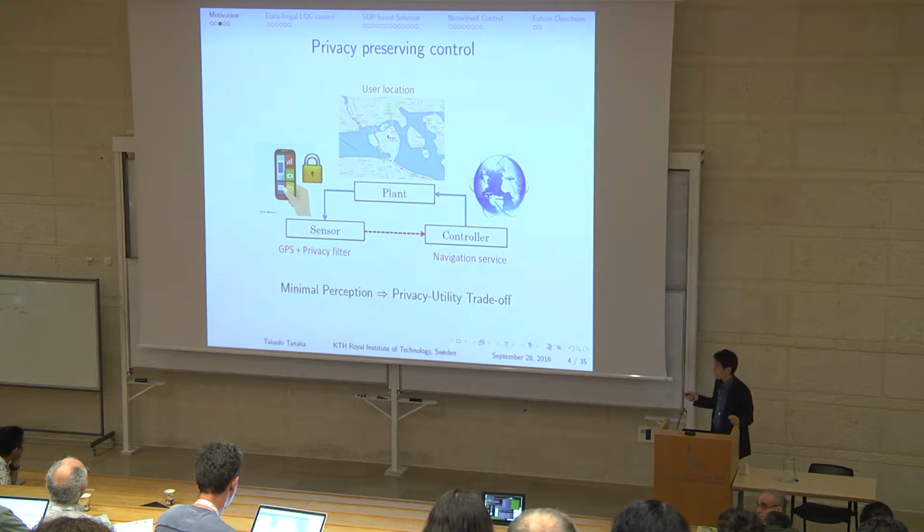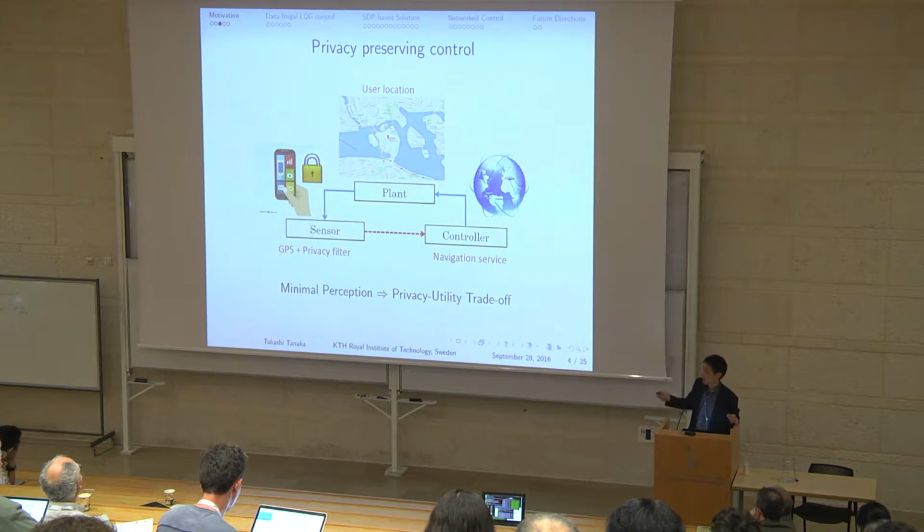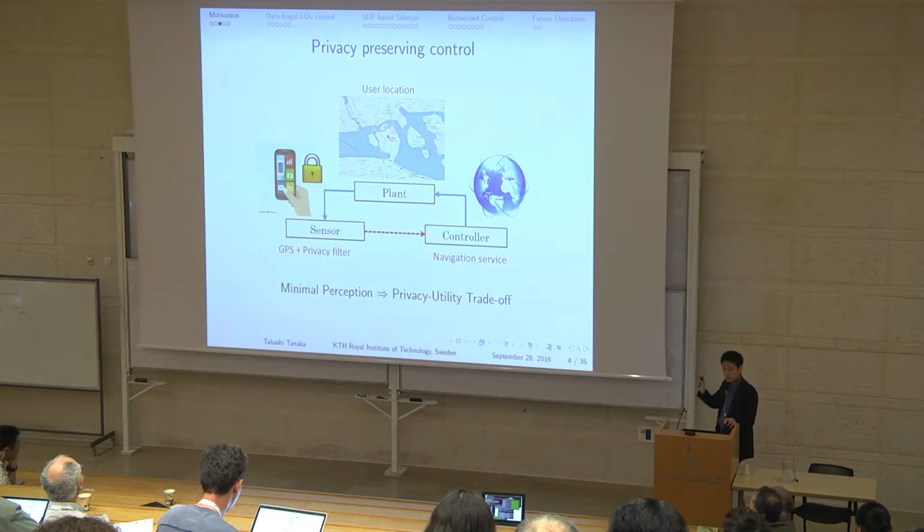But at the same time, knowing the exact location of the user could be a quite significant violation of privacy. So what you want to do in practice is to introduce some sort of privacy filter that intentionally reduces the amount of information available to you, just in order to balance the privacy and the utility of the service. And here a similar question arises: what is the fundamentally relevant, important information that is essential and critical for the navigation service?